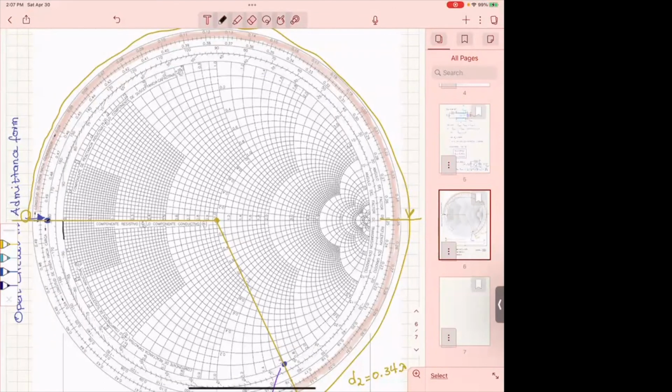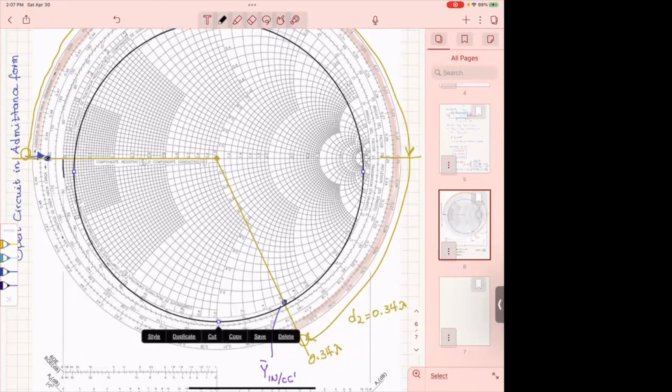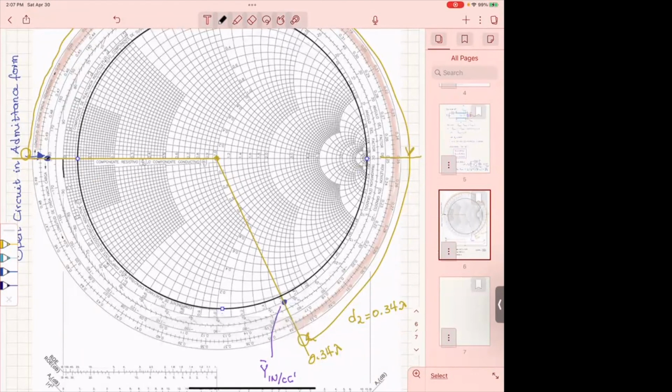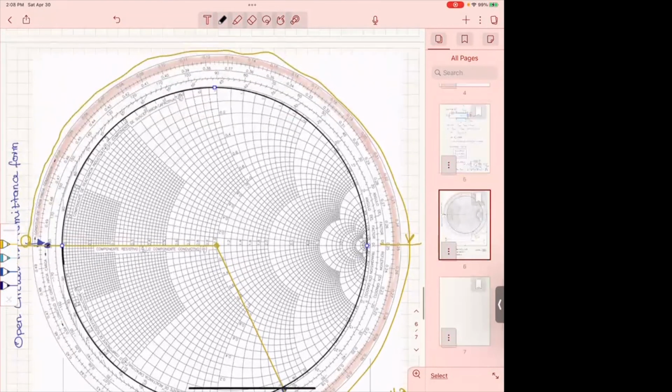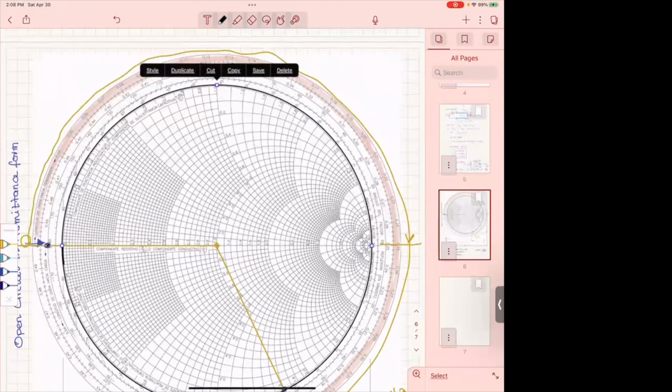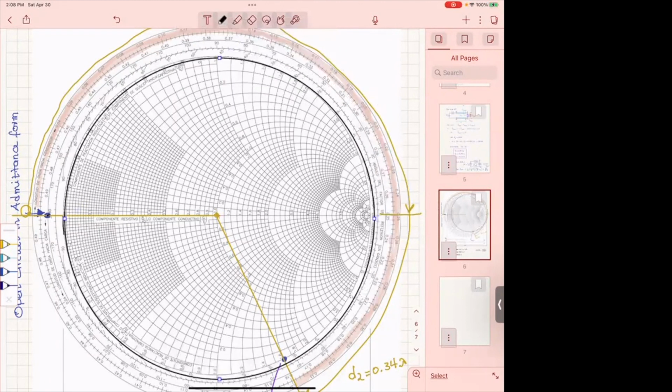This is the circle that corresponds to 0 impedance or infinite impedance, all right? So any stub, whether open or short, in impedance or admittance form, is characterized by the outermost circle.